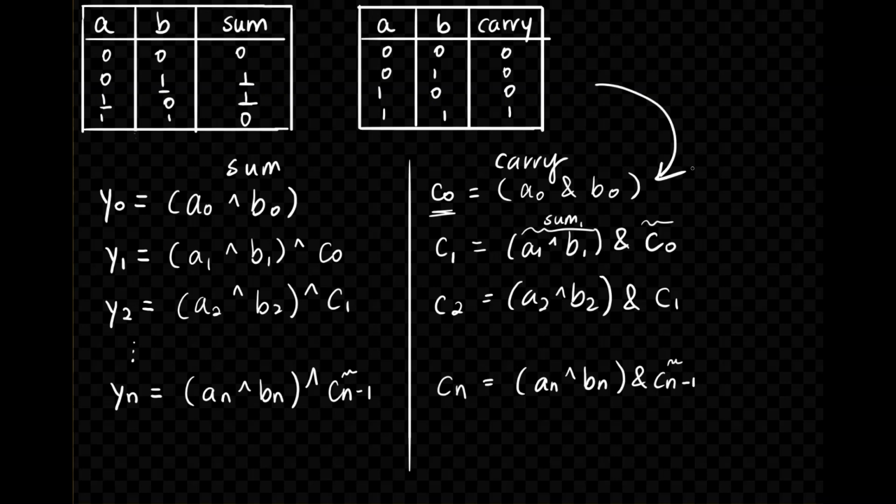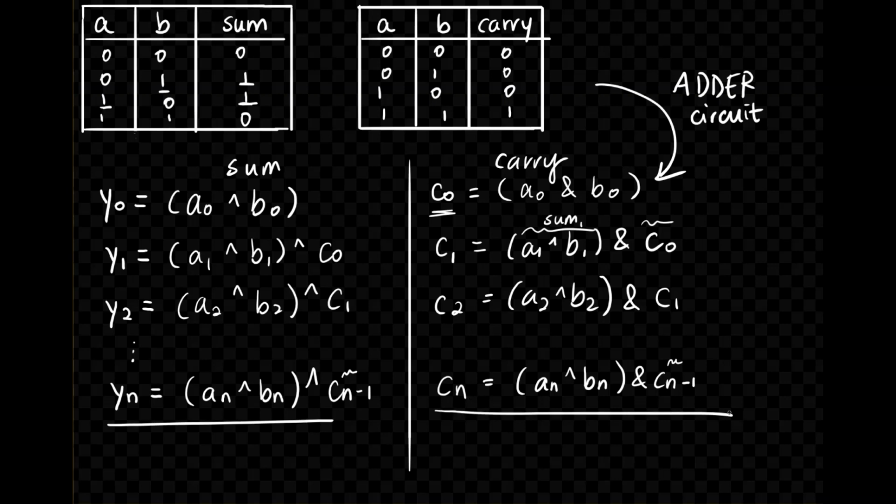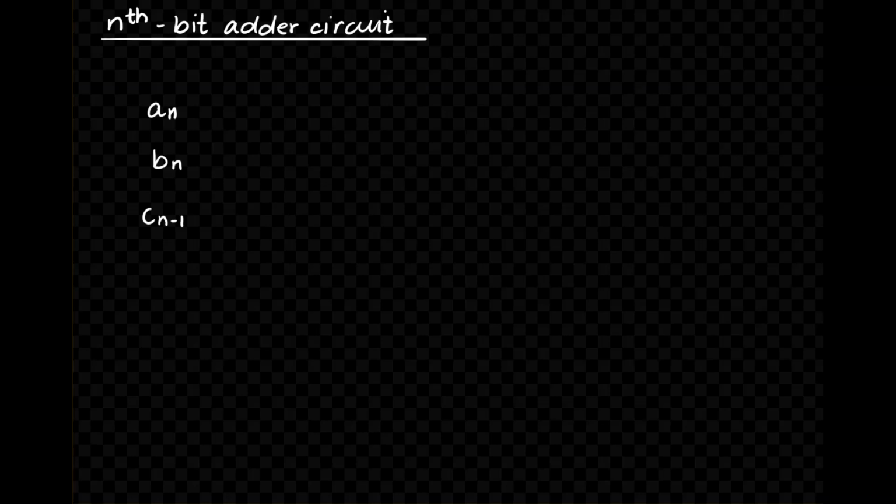Now we have the relationship between the inputs and their sum and the carry, and I'm going to tell you that this is implemented in hardware as an adder circuit. So taking these two expressions, we're going to draw out what the adder circuit looks like. So the nth bit adder circuit, and you'll have one adder circuit for each bit.